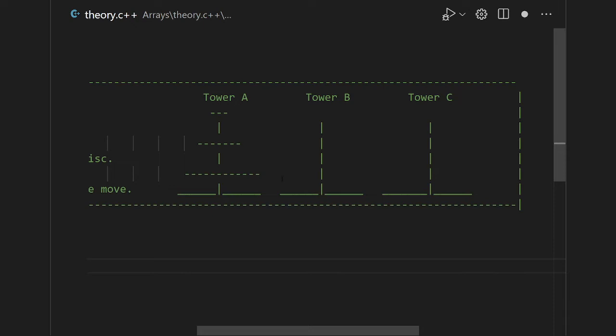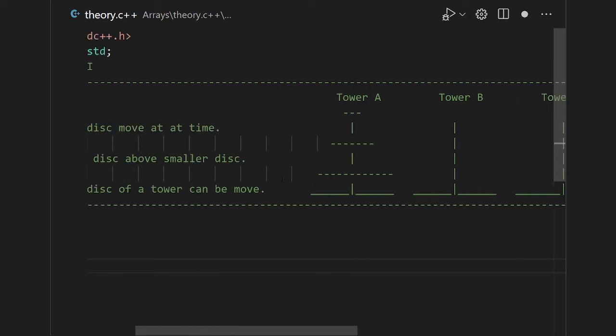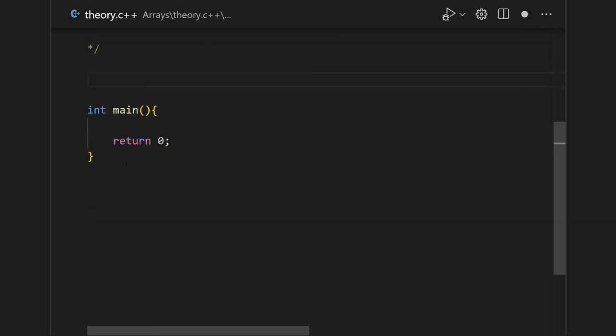Another higher disk is on the bottom. So one at a time we can move the disk, and our target is to shift the disks from tower A to tower C via B. So this is the problem statement.